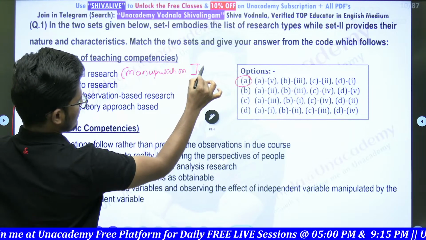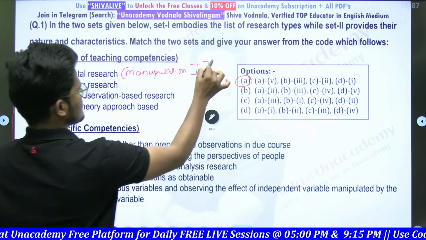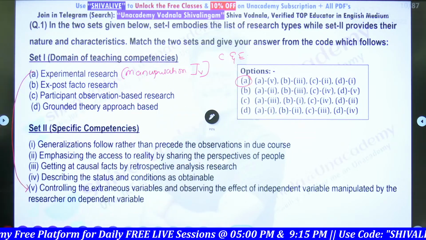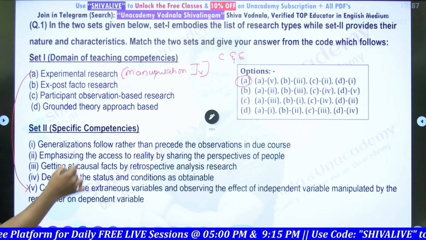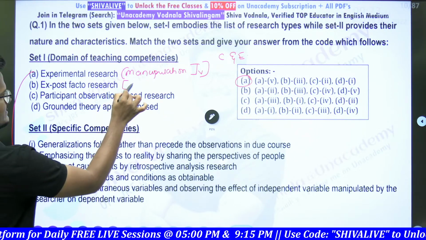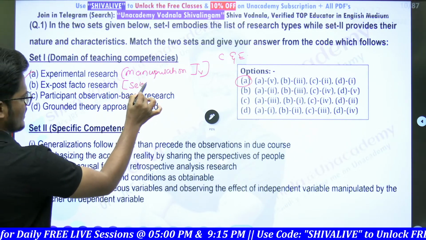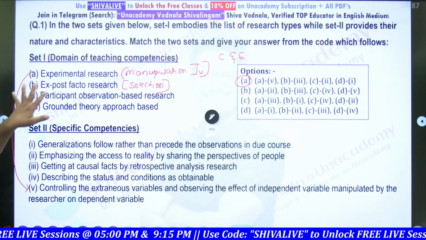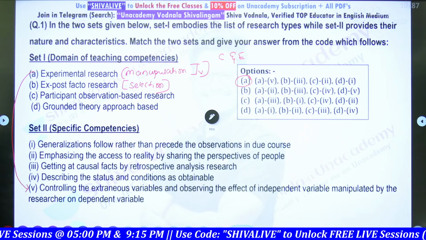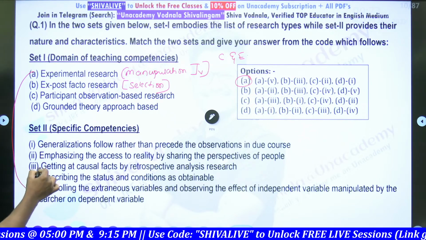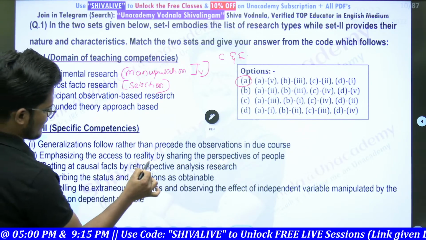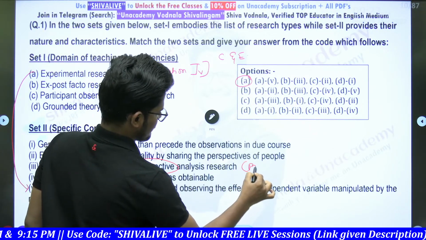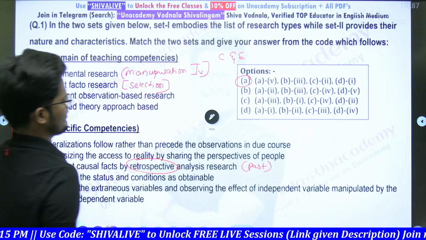There is a cause and effect relationship in the experimental method. And ex post facto is only a selection of the variables rather than manipulation. After the happening of some event only we can study that type, that is getting a causal fact by retrospective study from the past. It is based on a past event which already happened.